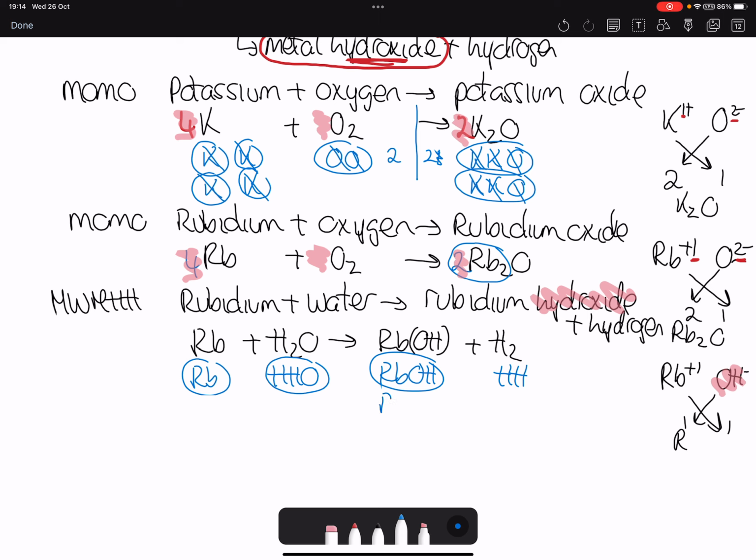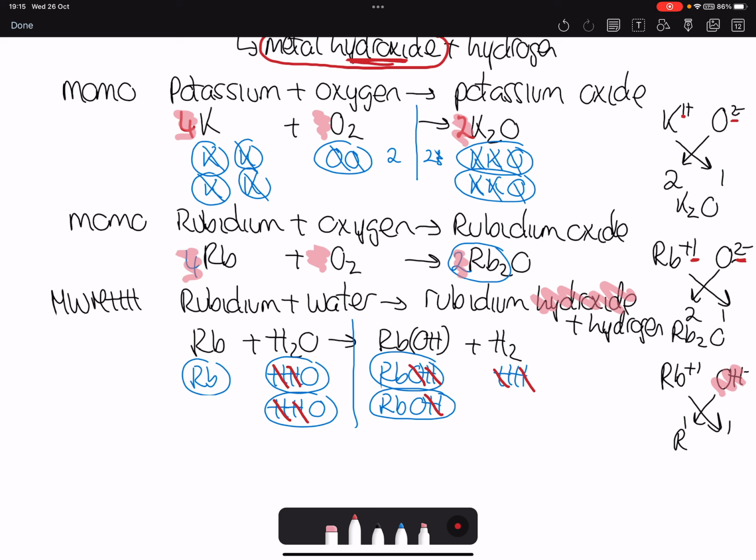If we were to go to 4 hydrogens, it would look like this. So if I go to 4 hydrogens here, I now have 2 O's on my right-hand side. So maybe if I go like this, it solves my problem. So am I done? I have 1, 2, 3, 4 hydrogens, 1, 2, 3, 4 hydrogens.